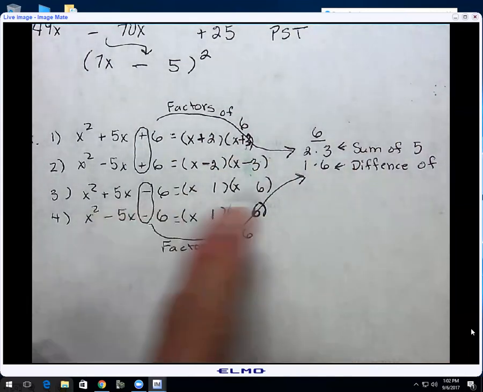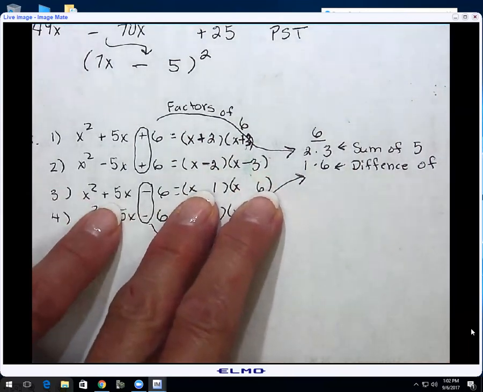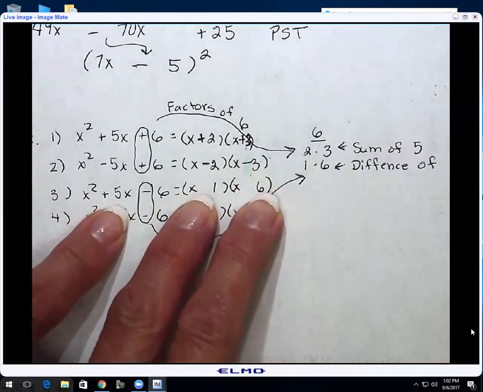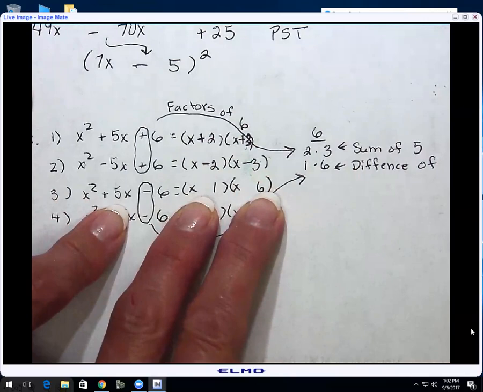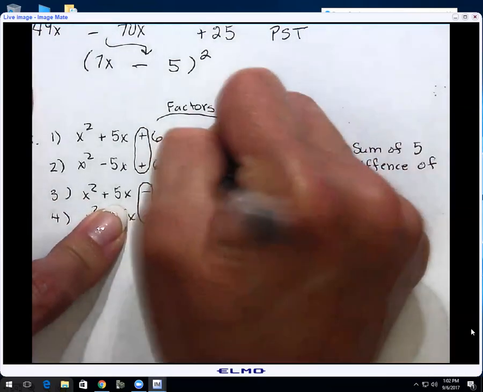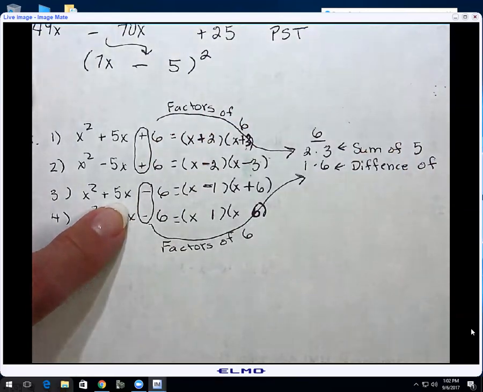On example 3, what would the signs of the 1 and 6 have to be if they were to combine and give me a positive 5? How can I get a positive 5 out of a 1 and a 6? Negative 1 plus 6 would give me a positive 5.